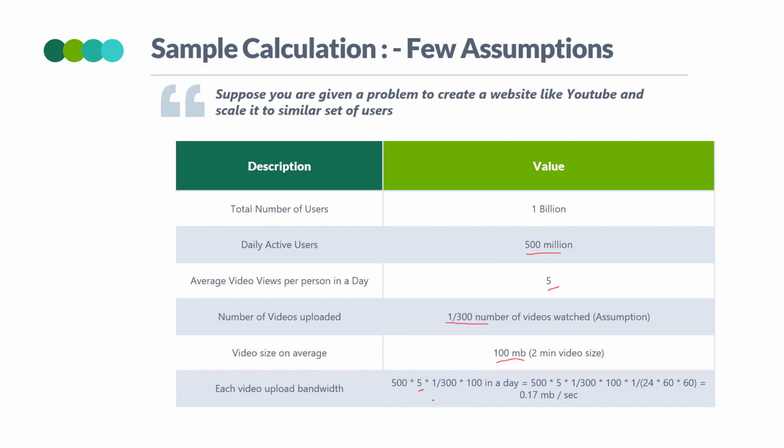Now the number of videos uploaded is 1/300 times the number of videos watched. So 1/300 multiplied by the size of each average video, 100 MB, in a day. Watching this calculation and rounding it, it comes to roughly 0.017 megabytes per second.